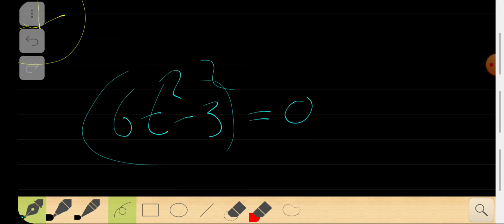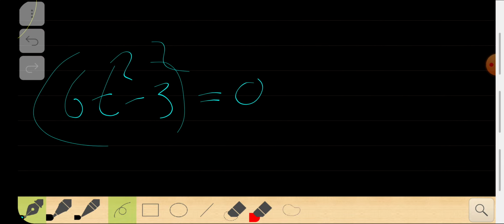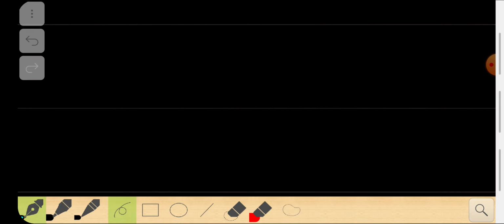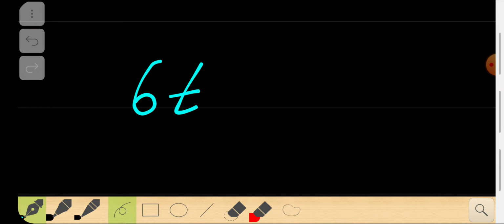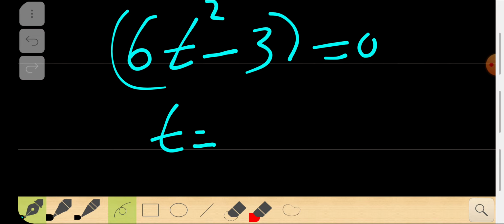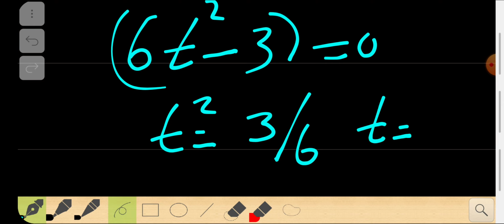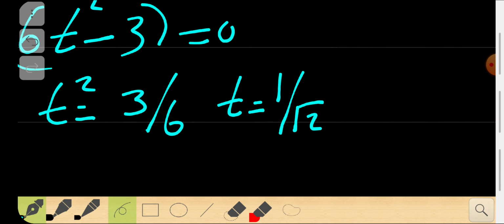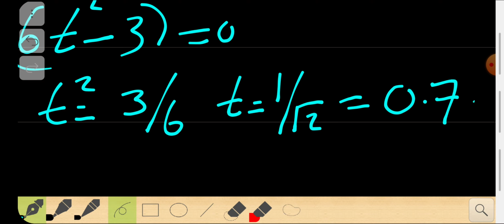That means if there is no radial acceleration, then 6t minus 6t square minus 3 is equal to 0, or you can say 3t square is equal to 3 by 6, so t is equal to 1 by root 2, square root of 2, right? That means around 0.7 seconds or something like that.